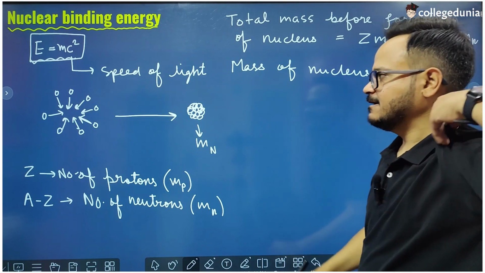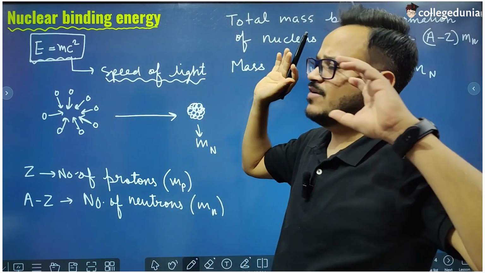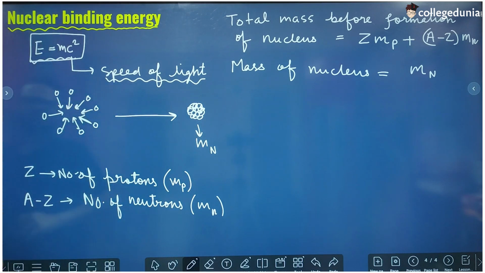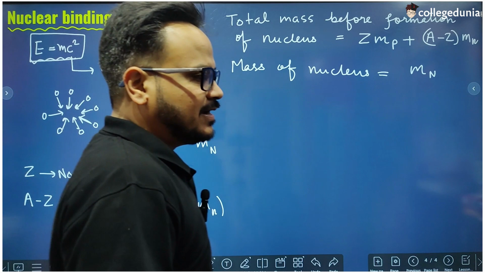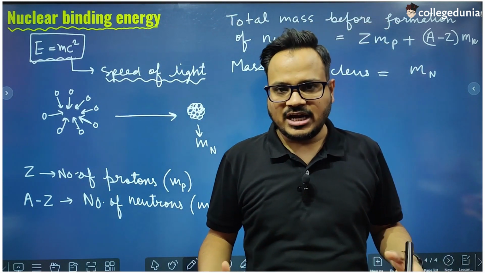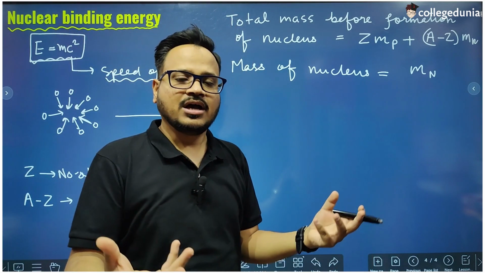The square of the speed of light is a very large value. So even if the m is small, this E is going to be very large. We know that whenever a stable thing forms, energy is released, and the more stable the entity which is formed, the more energy will be released.